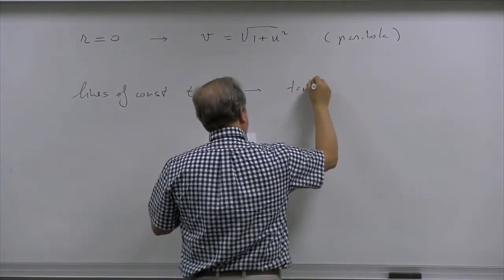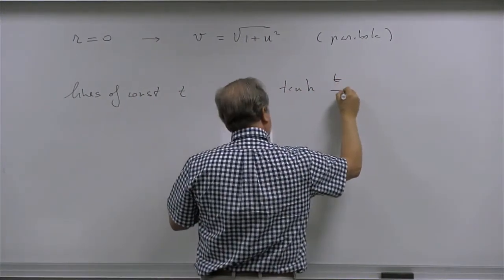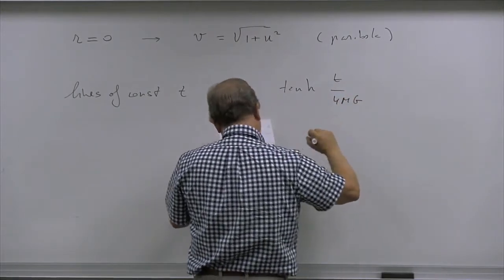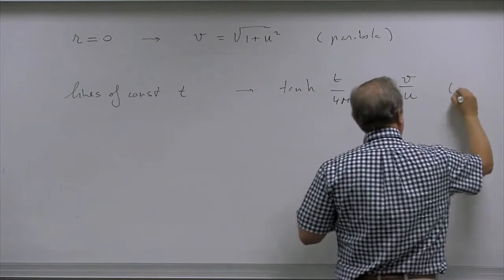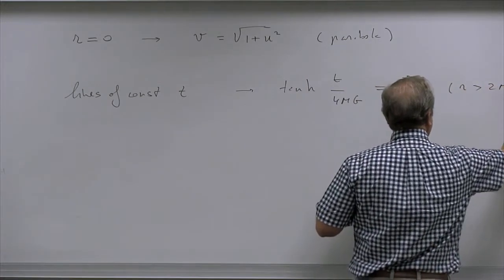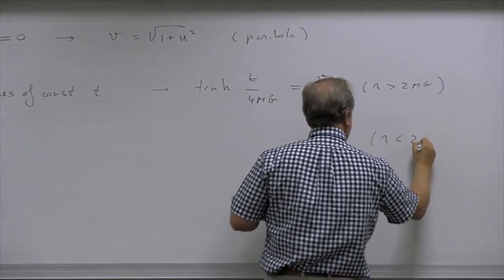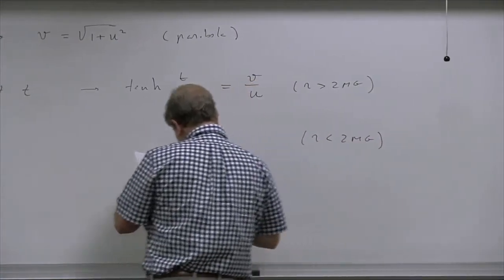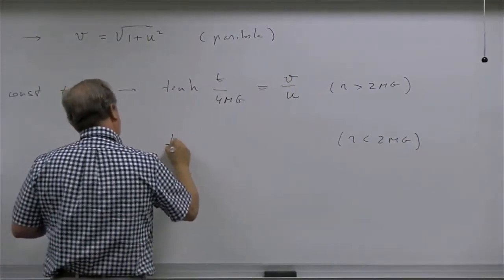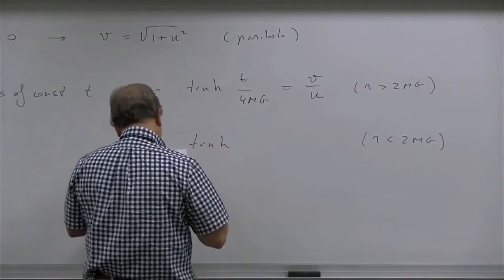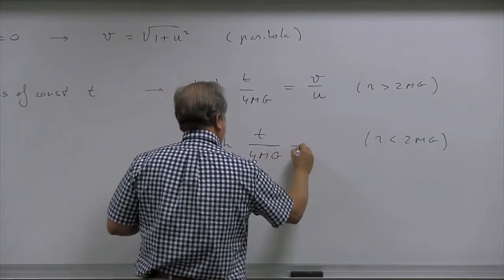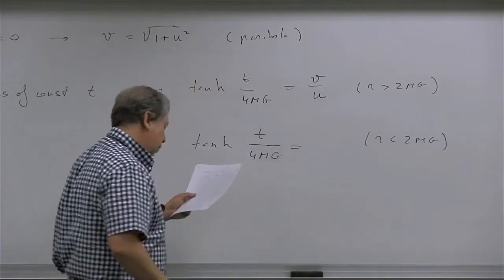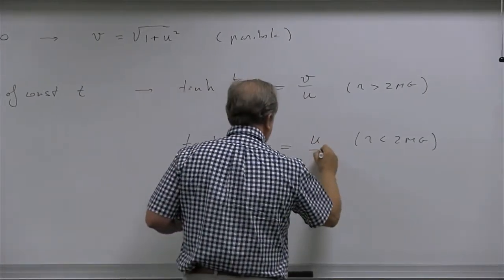Becomes tanh of t divided by 4mg is equal to v over u if r is greater than 2mg, and if r is less than 2mg, then it's the tanh of t divided by 4mg, which is not equal to v over u, but u over v, so just the inverse of that. Right?